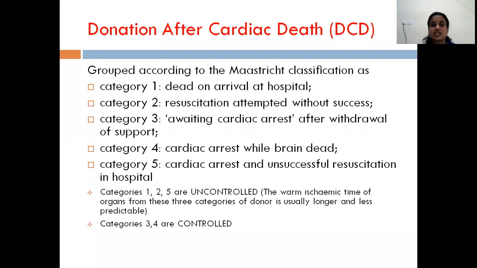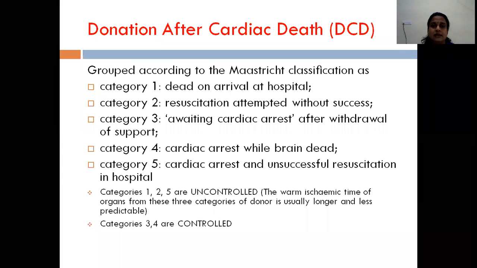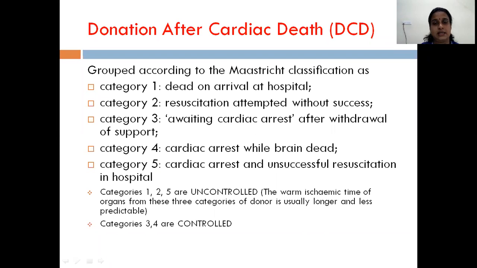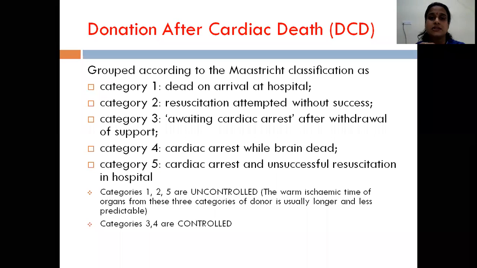This warm ischemic time is very important, and it is said to be high in these particular categories. So in categories 1, 2, and 5, warm ischemic time plays a major role, and that is how these patients give us a poor donor organ.